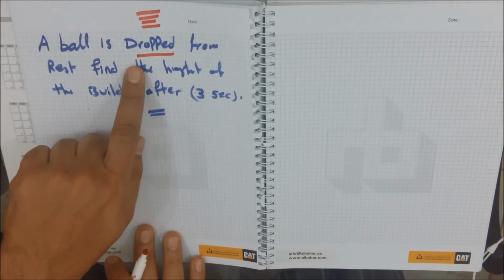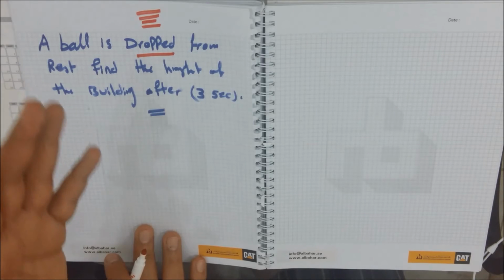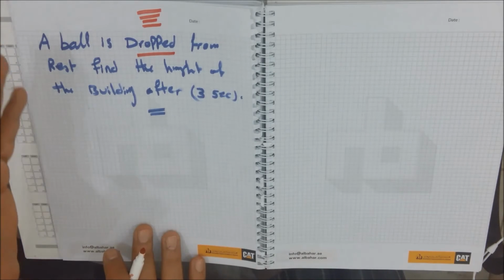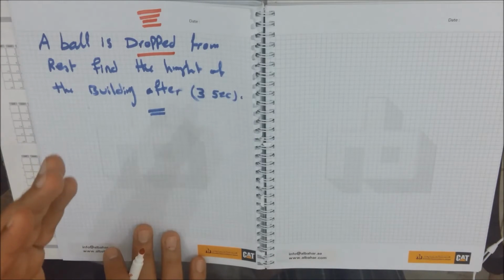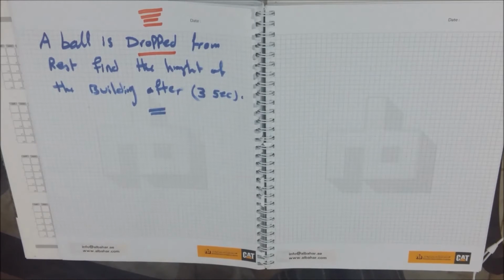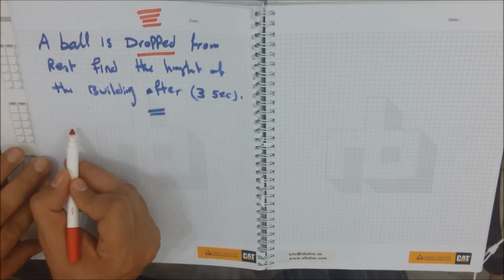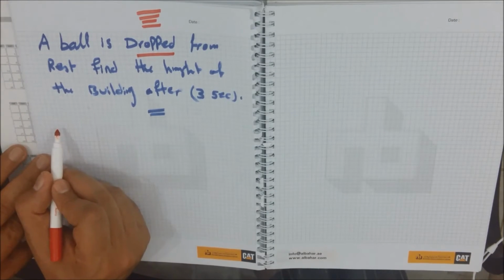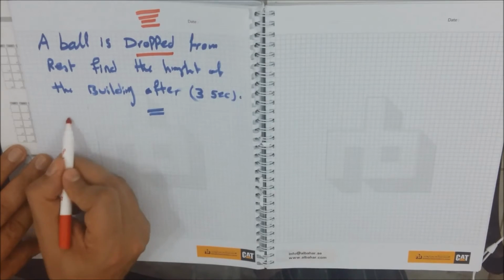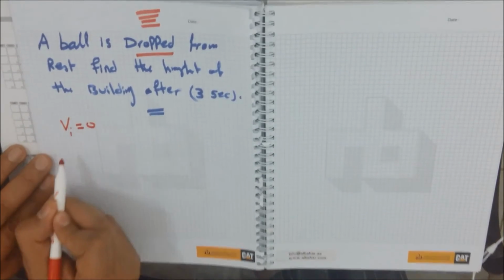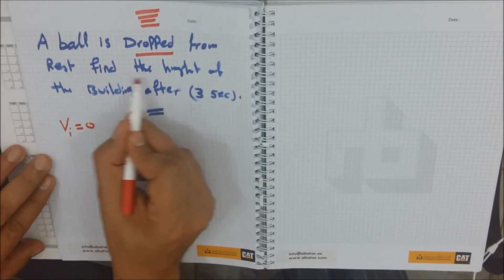Dropped is equivalent to the word uniformly. So if you find dropped, thrown upward, uniformly accelerated, constantly accelerated, all of these keywords mean that you need to use one of the 4 kinematic equations. A ball is dropped, and dropped means that VI is 0.